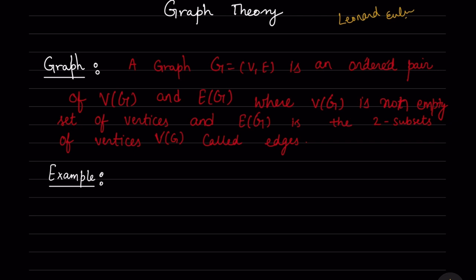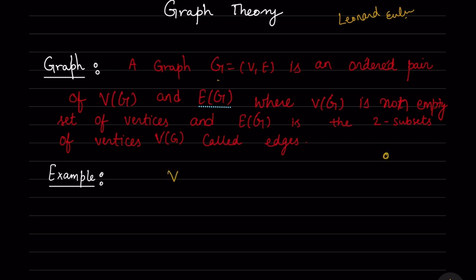Mathematically, a graph G = (V, E) is an ordered pair of V(G) and E(G), where V(G) is a non-empty set of vertices and E(G) is a set of two-element subsets of vertices, called edges.